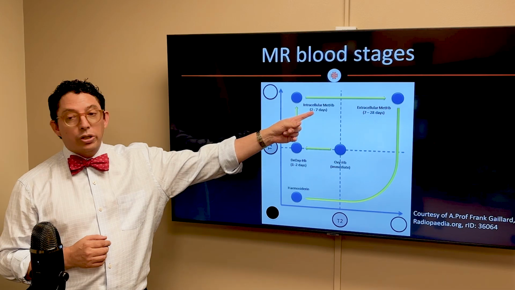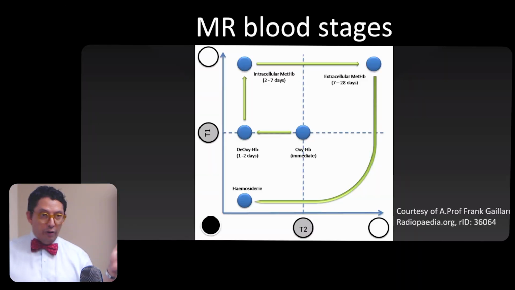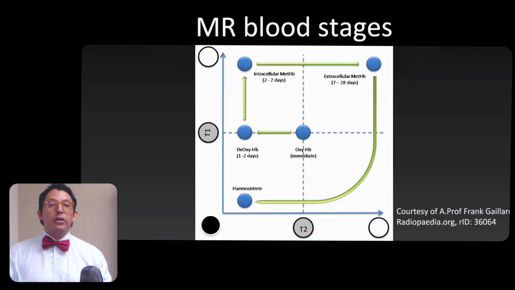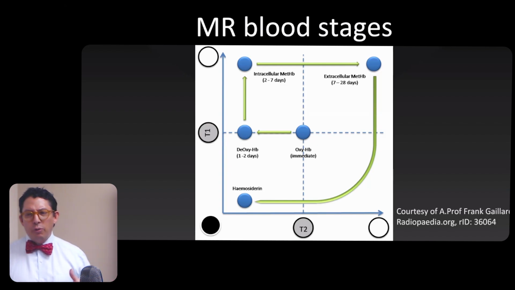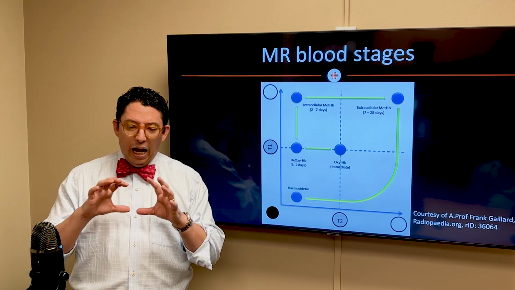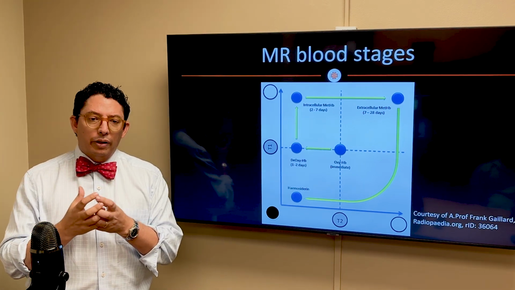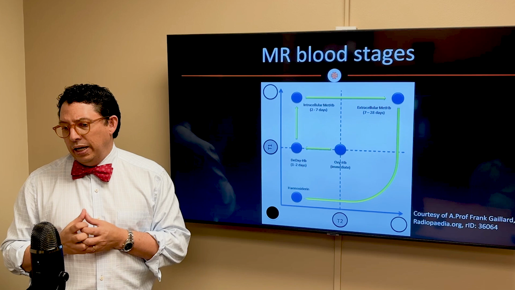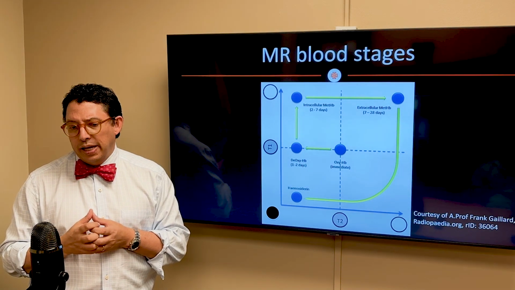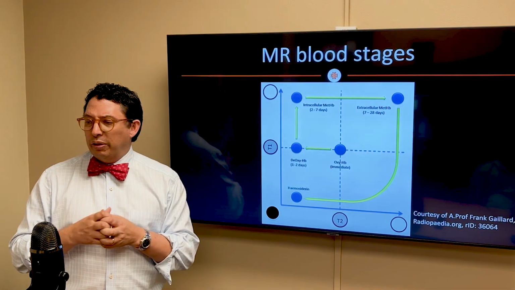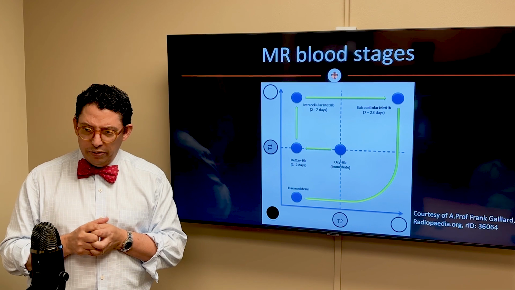So in the first 2 to 7 days, the first week after the acute phase, the blood is going to be bright on T1 and dark on T2. And what is mostly happening is that the iron is kind of trapped inside of the hemoglobin in the cell, so the T2 is really not reacting to it much.